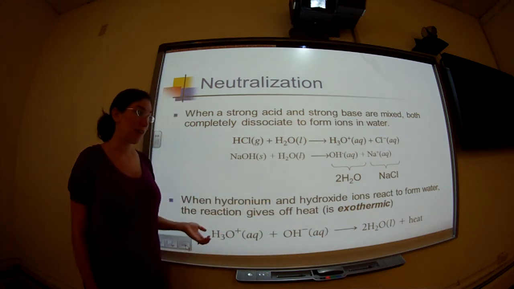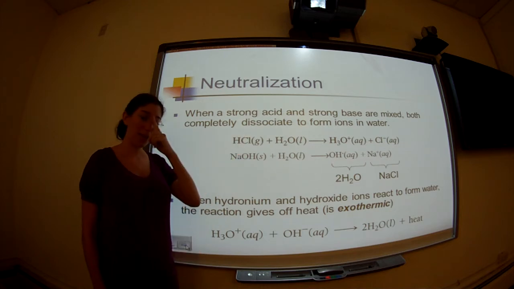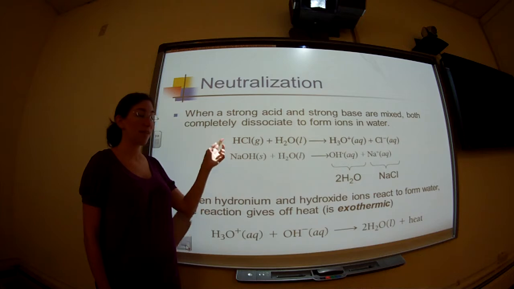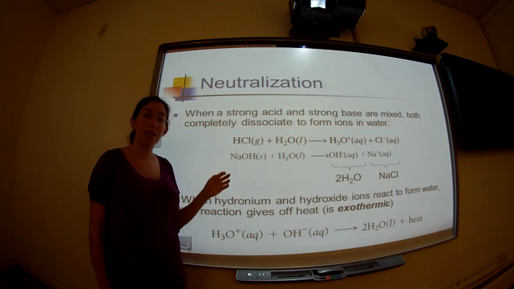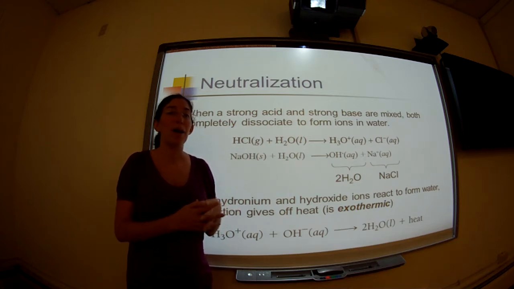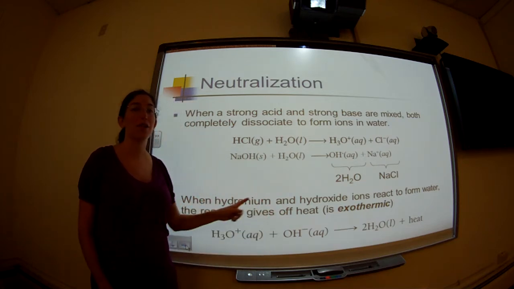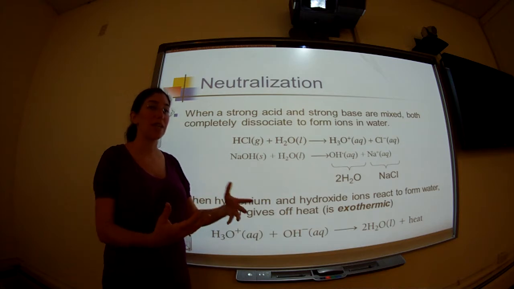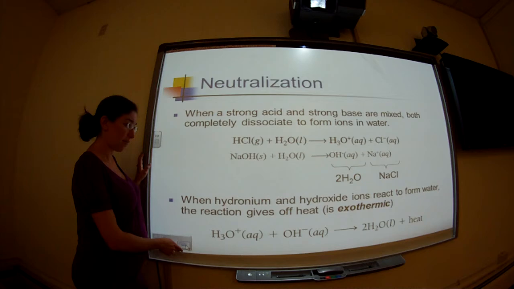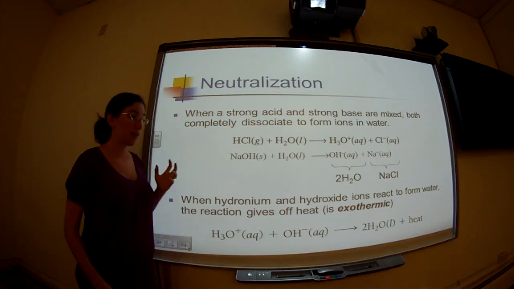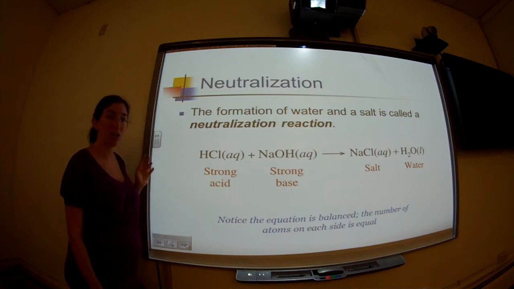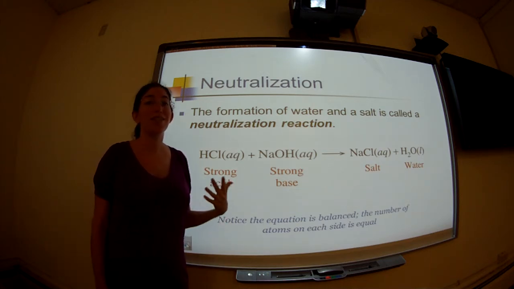You can actually feel this. If you mix hydrochloric acid and sodium hydroxide together in a beaker, you'll feel the beaker warm up because of this exothermic reaction. It releases heat, so it feels warm to your hand. This reaction releases heat. In other words, it's exothermic.